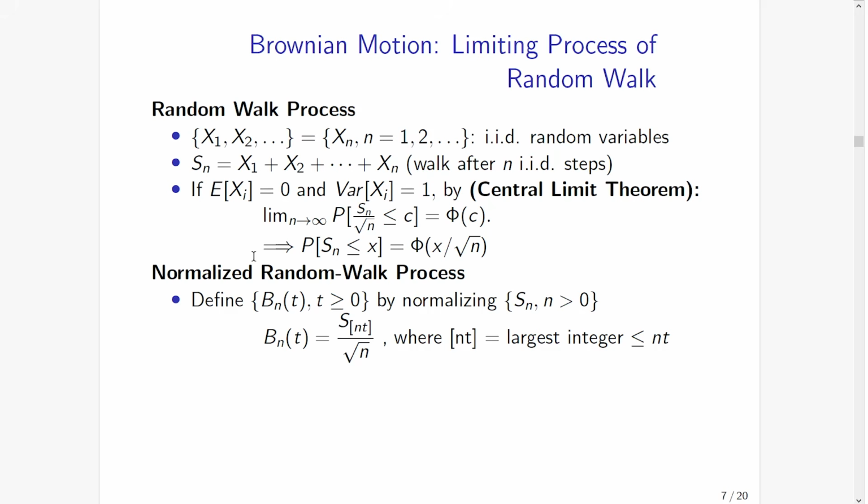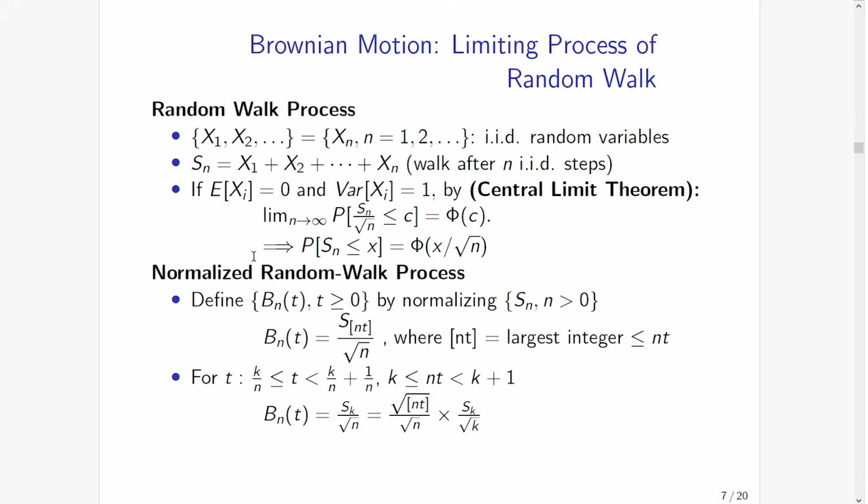But rather than focusing just on those integer increments, we consider times between 0 and 1. We can consider values for time t between integer k over n and k over n plus 1 over n to define a continuous path B_n of t given S_n and t.